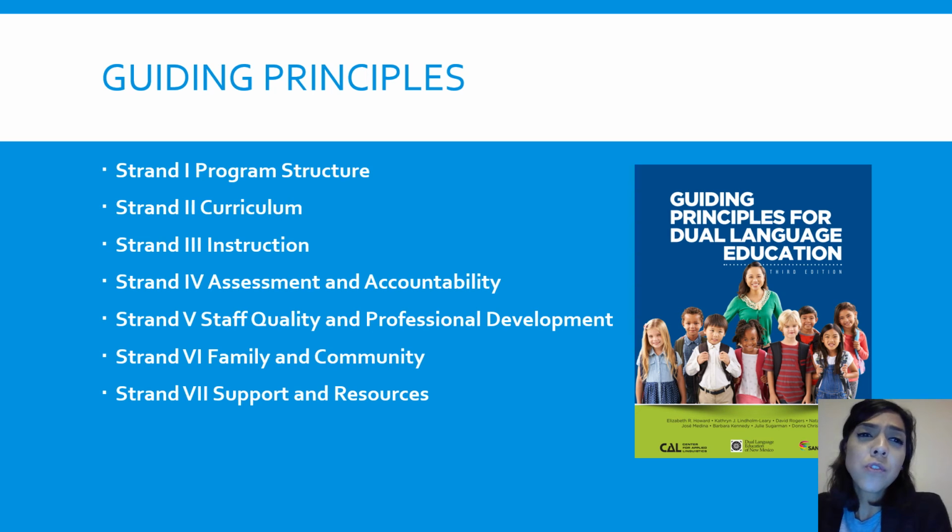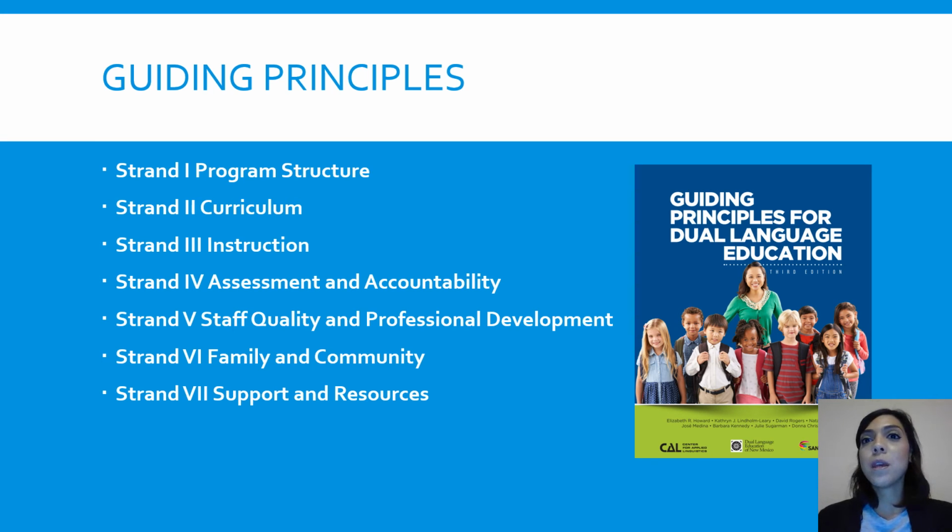But just looking in general about the program, the structure of it, strand 1 is just how the program is going to be implemented in our school, how it should be implemented, what it should have. Strand 2 is talking a little bit more about the curriculum and how it should be implemented in our classrooms. And then strand 3, if we think about it, is just the instruction.